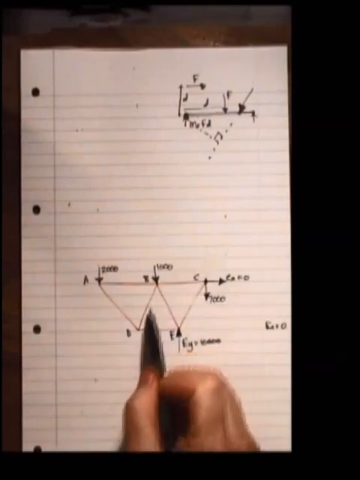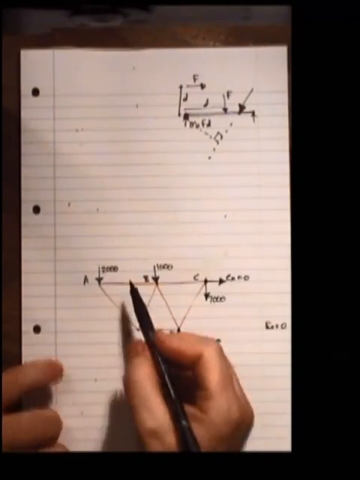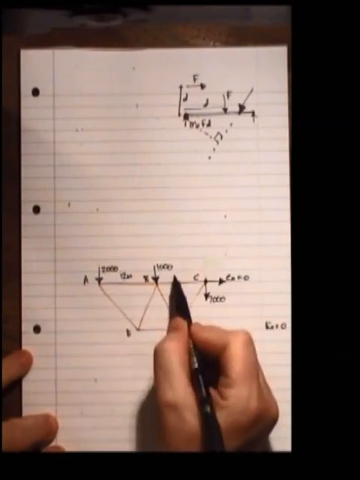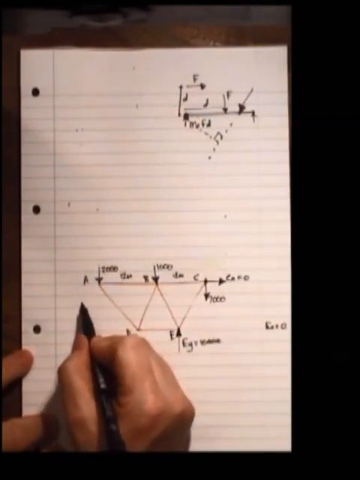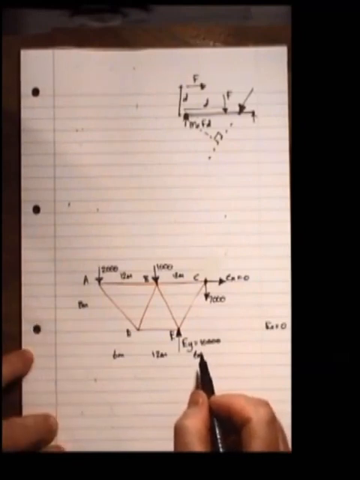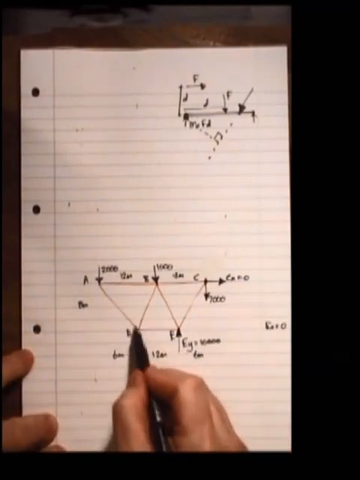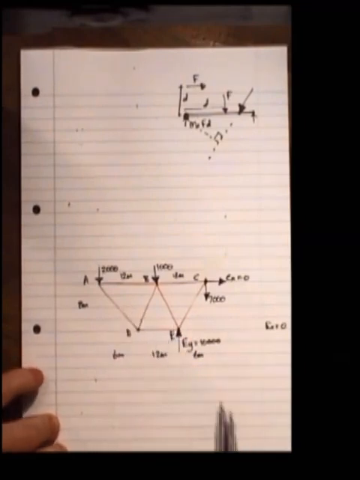Now that I've got reactions, I can work out what the forces are within each of the members themselves. Now I've got the dimensions, the 12 meters, 12 meters. We've got 8 meters, 6 meters, 12 meters, and 6 meters there. When we come to work out the forces at particular points, we need to know what the angles are.